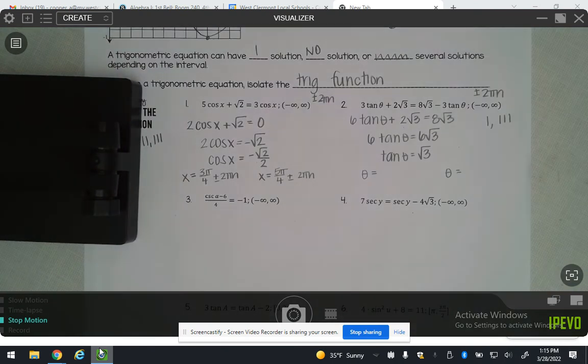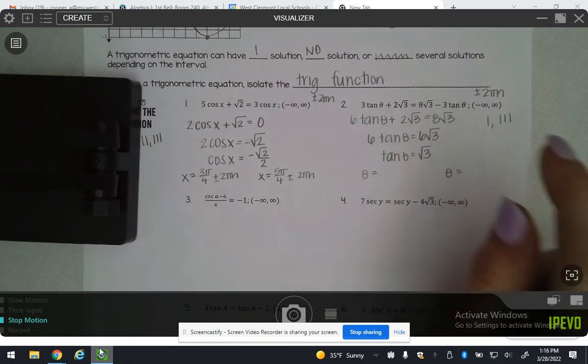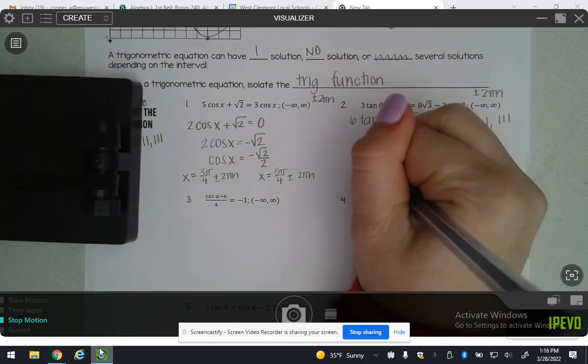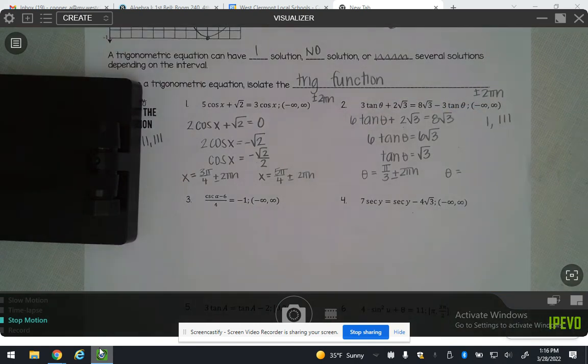Where does tangent equal radical 3? Pi over 3. So pi over 3 is 1 because that's my first quadrant angle, right? Pi over 3 is good. How do you get your third quadrant? Four pi over 3.